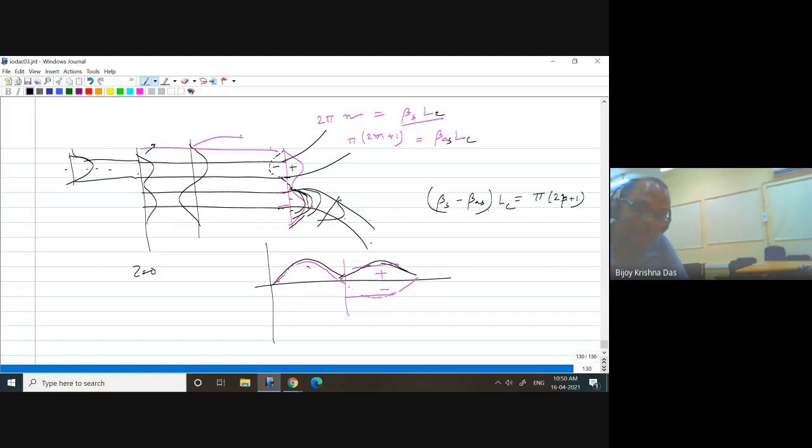So even if I am launching light here, if I know the symmetric mode propagation constant and the asymmetric mode propagation constant, then I can find the length required for complete coupling. So I can write beta s as 2 pi by lambda times n effective s, minus n effective as, times LC equal to pi times (2p plus 1).